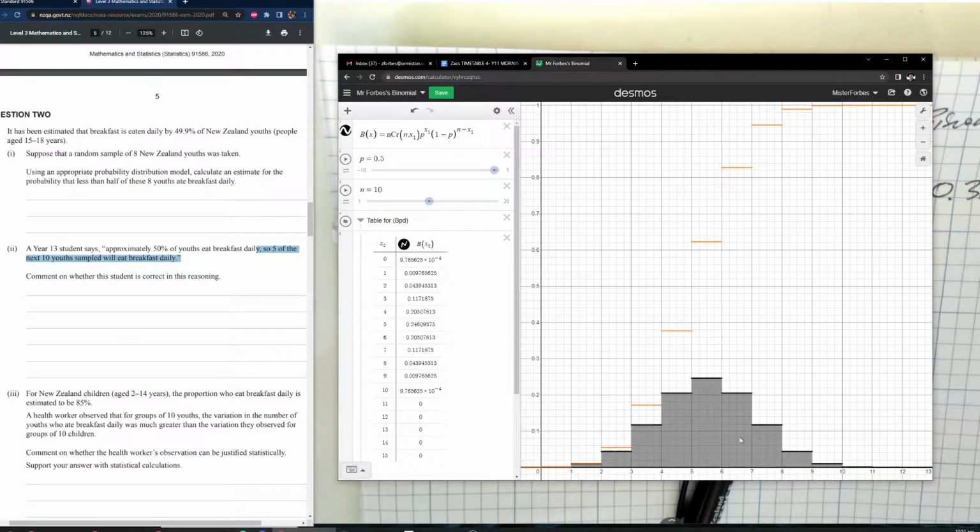So you can see this is the distribution here. The chances are, if he does 10, the most likely event would be, so this 5 here represents this, it is the highest probability is that 5 of them will have done it, but you can't blanket statement it. This bar is not going all the way up to 1 and then everything else is 0.